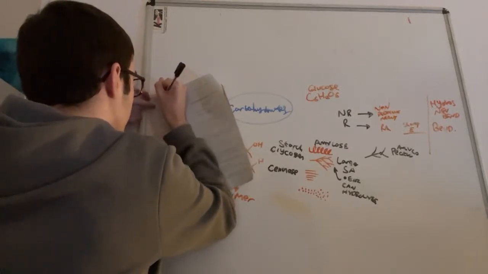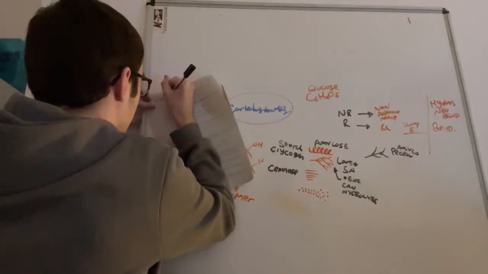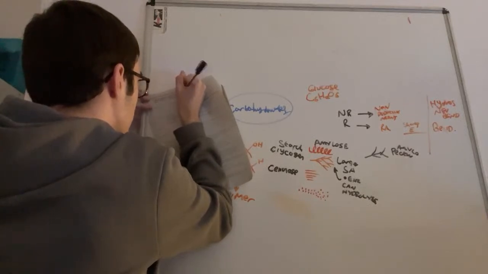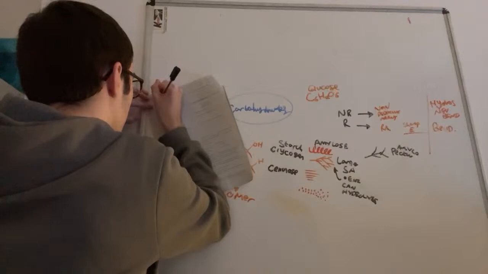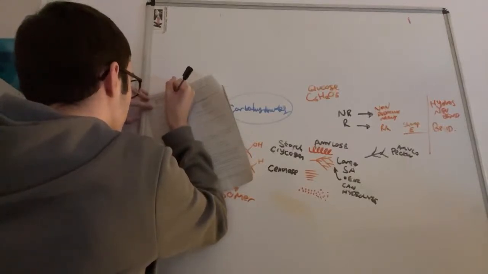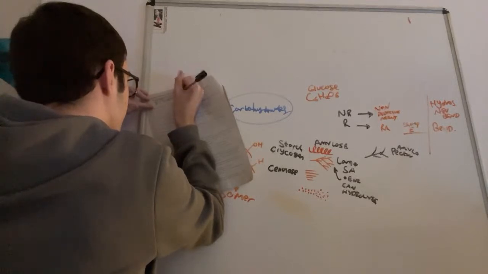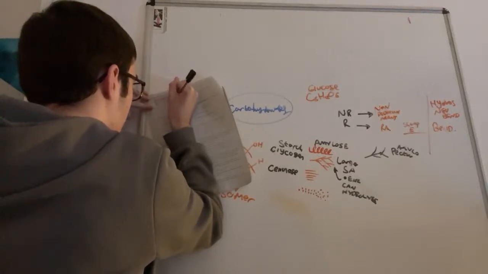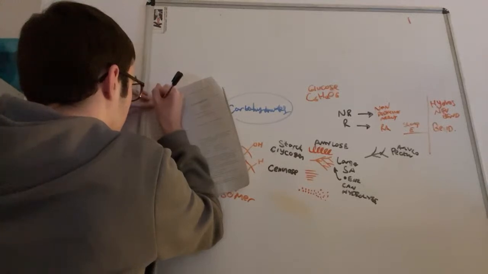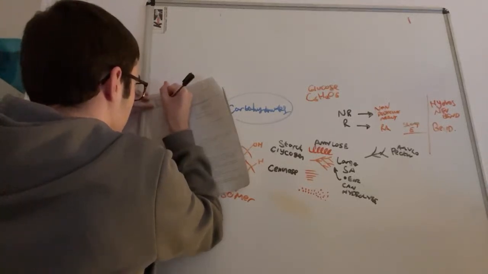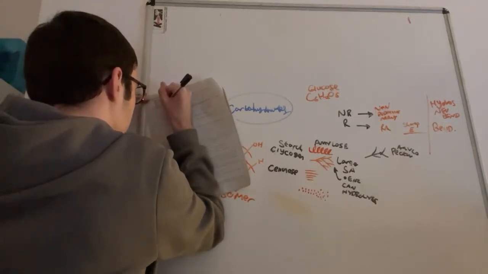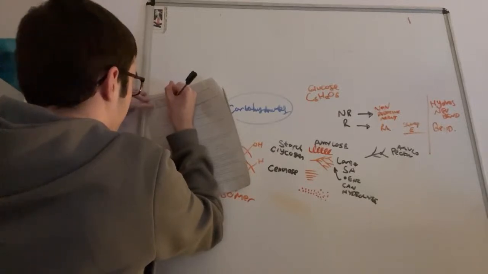Starch has long, I guess, branching chains for an increased surface area, so enzymes can hydrolyze more efficiently.